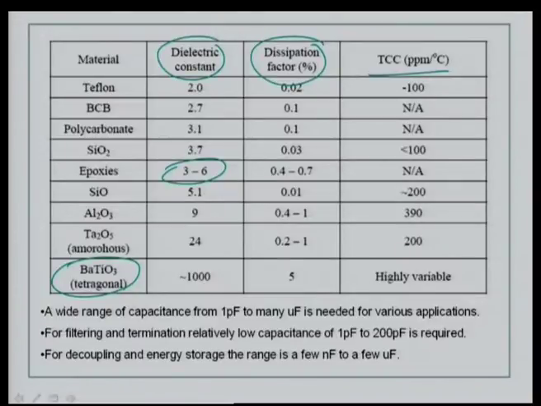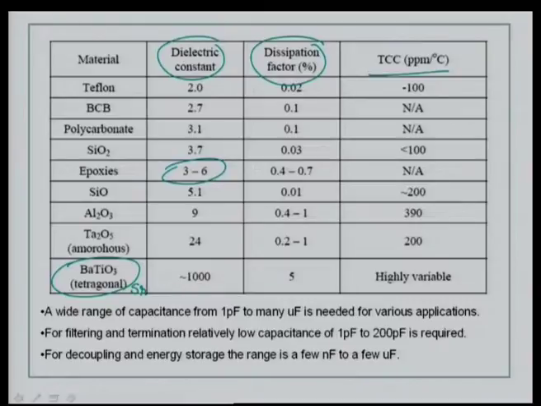There could be other composite materials or inclusions in barium titanate, like strontium could be added. So, barium strontium titanate, so that you can synthesize or vary the properties by adding new elements.